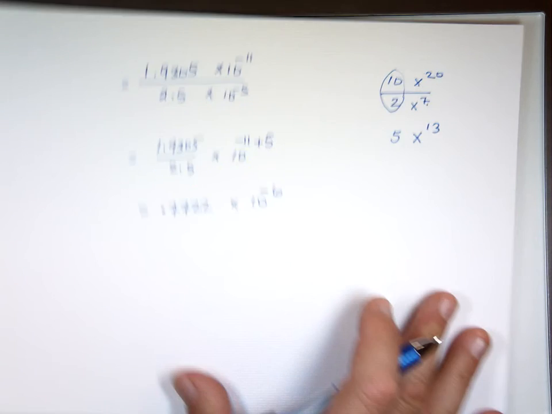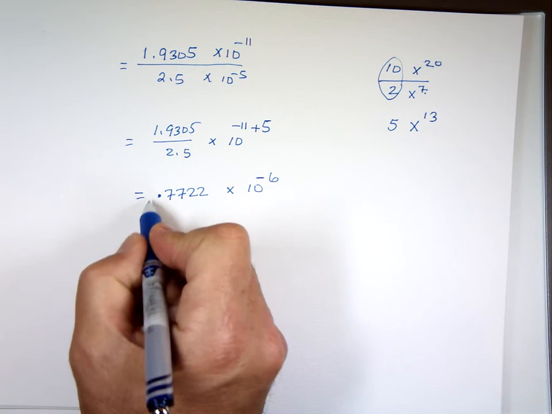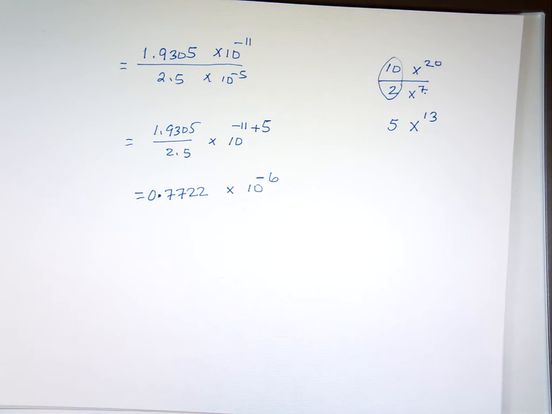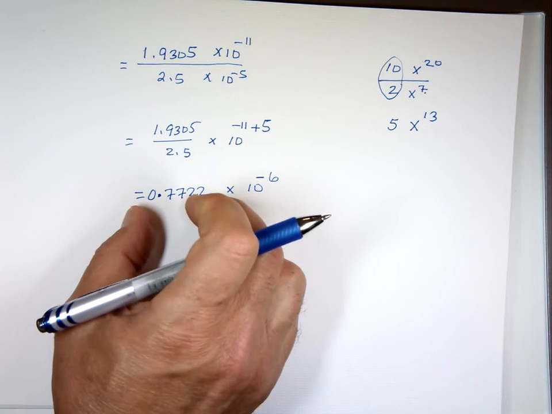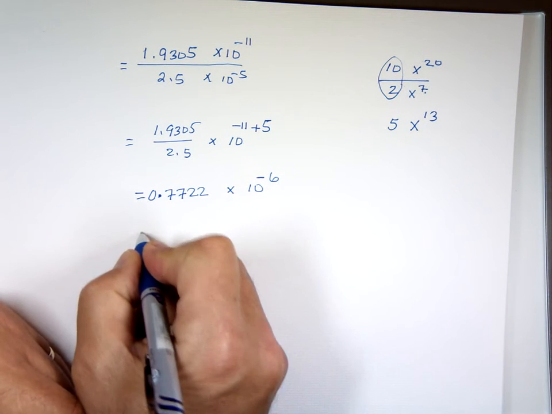Notice this number is not in scientific notation. Why? Because the digit to the left of the decimal point is a 0. Can't be a 0. So I can take this one and change it to scientific notation by moving the decimal point one place to the right.